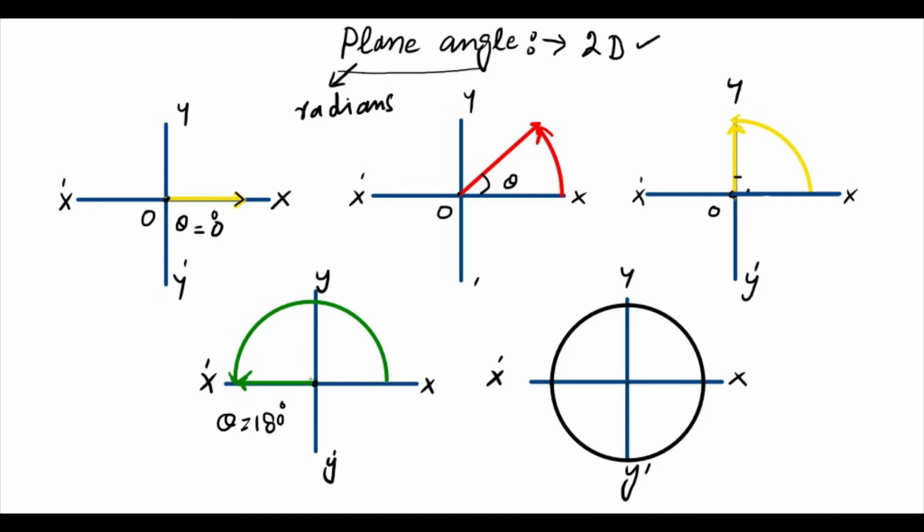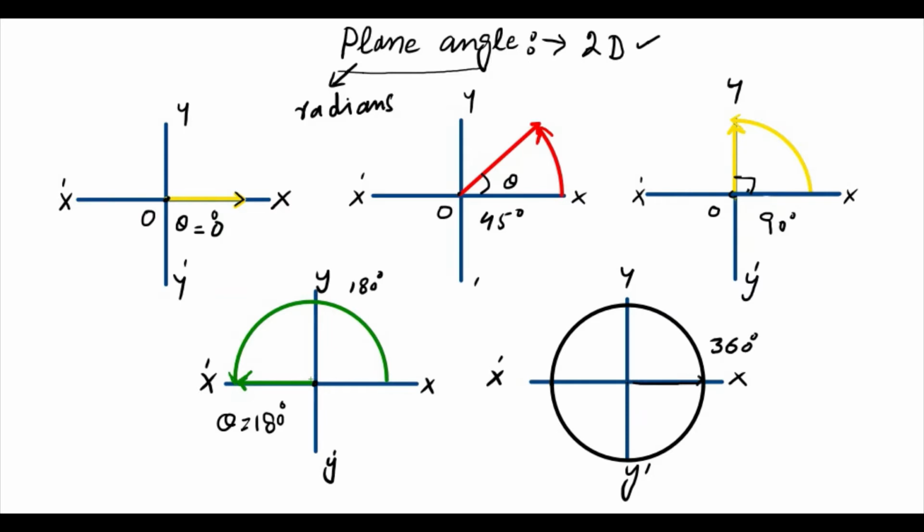If we go for the red arrow, this will be about 45 degrees, and this will be about 90 degrees, and this will be 180, and the full, complete revolution will be 360 degrees.